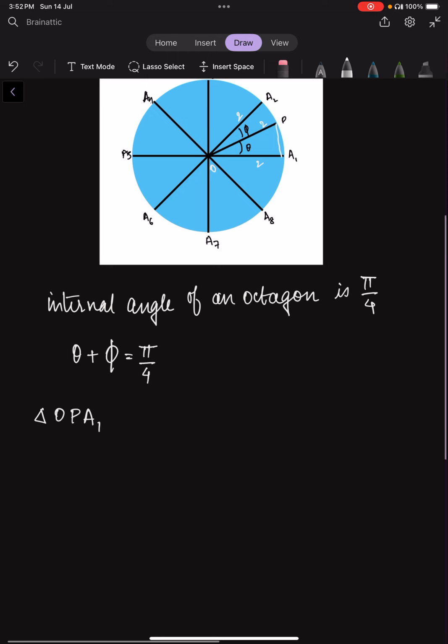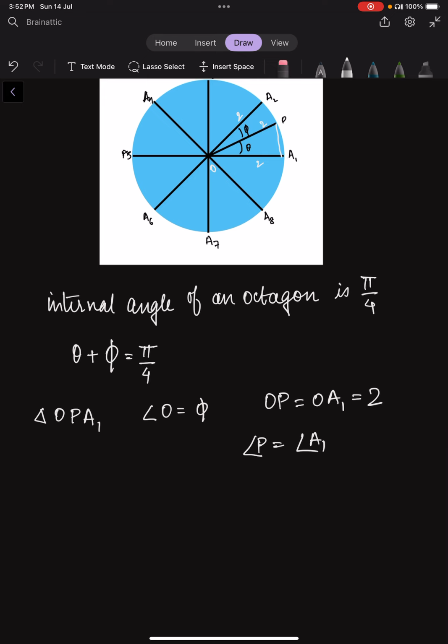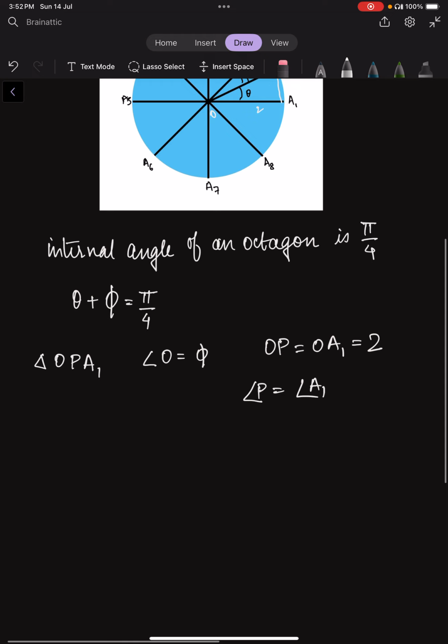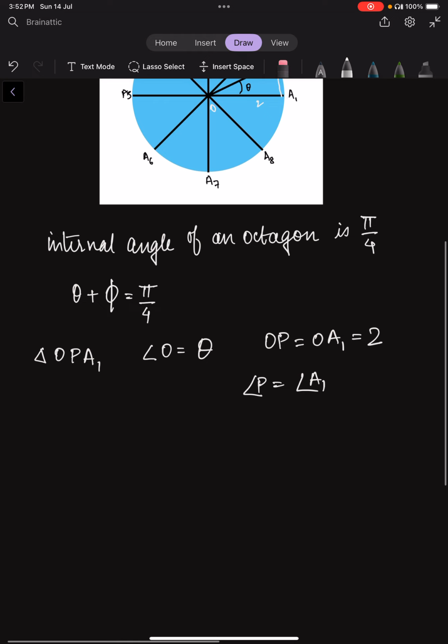Now, I can very easily make a triangle OPA1. In the triangle OPA1, the angle O is equal to theta. Since the side OP is equal to OA1, which is equal to 2, I can say that the angle P is equal to angle A1. If the two angles are equal, from the sum of the angles of a triangle, pi is equal to theta plus angle P plus angle A1.